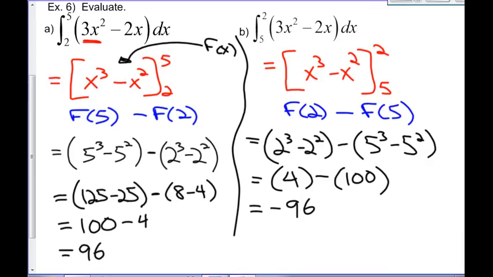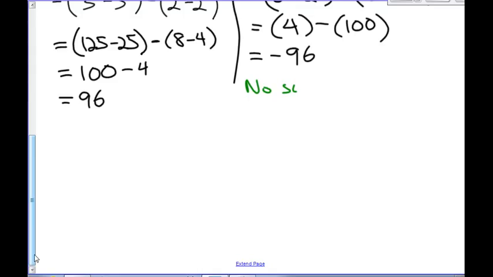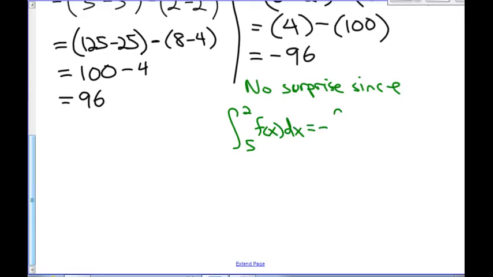Now look, those answers are really similar, and that shouldn't surprise us at all. A lot earlier we looked at definite integral properties, and we said if you switch the boundaries, then the sign of the integral will change. So here we have no surprise, since the integral from 5 to 2 of some function should be the negative of the integral from 2 to 5.